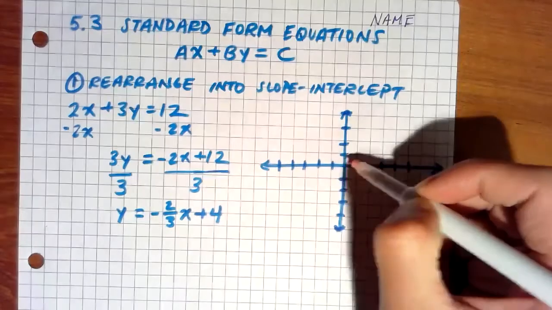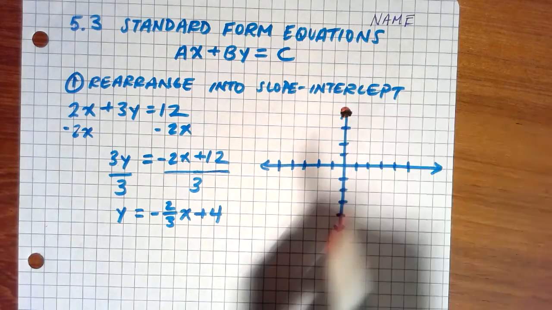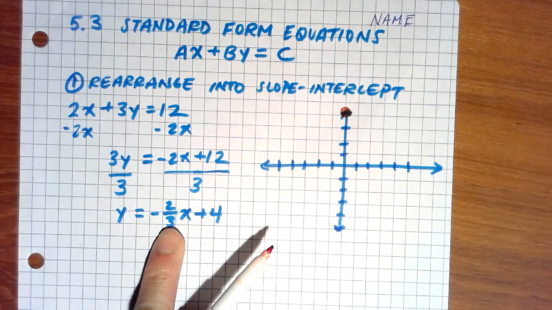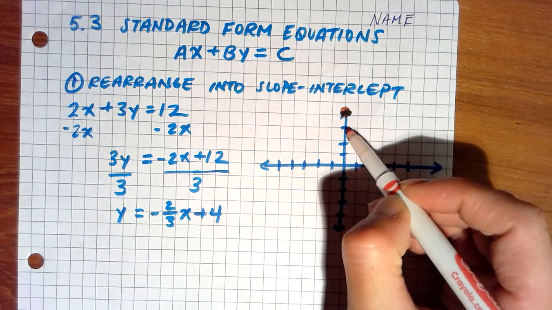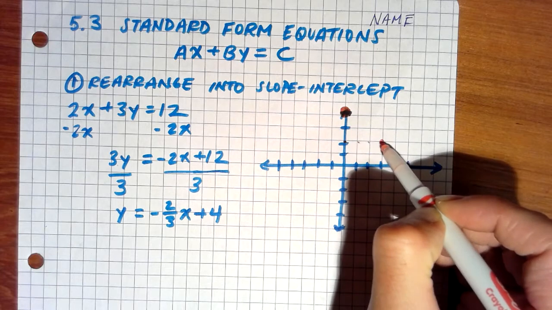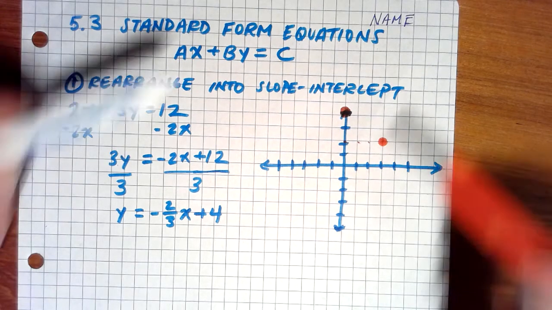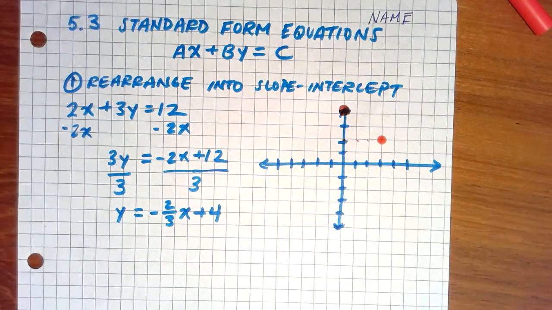Y-intercept of 4, so I go up the y-axis to 4, that's right here. Slope of negative 2/3, so I'm going to go down 2 units and to the right 3 units. Down 2, 1, 2, 3, and that's where my next point would go. Connect those 2 points with a straight edge, and there's my line.